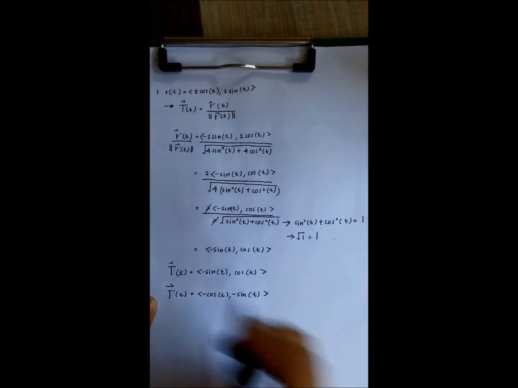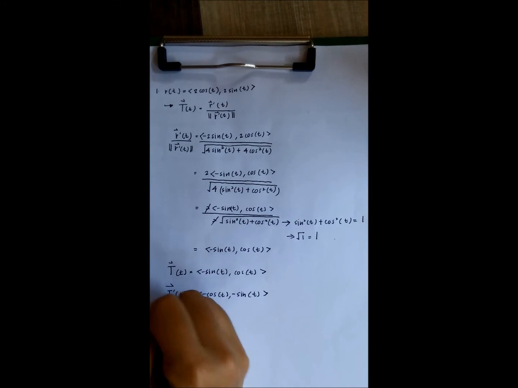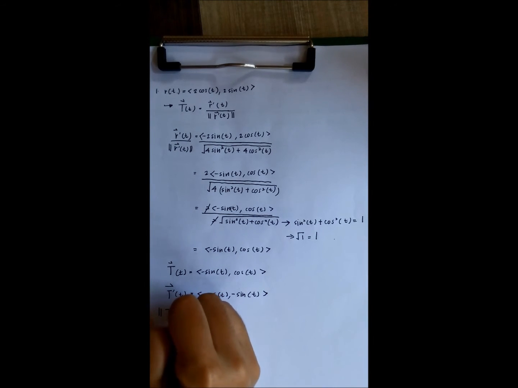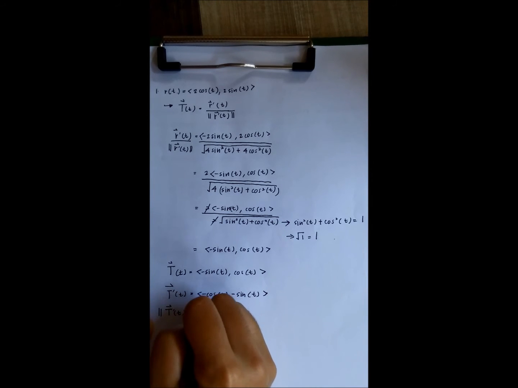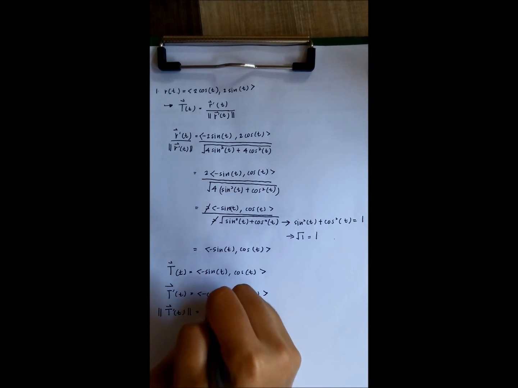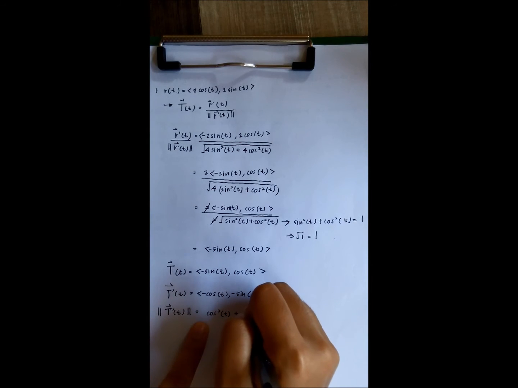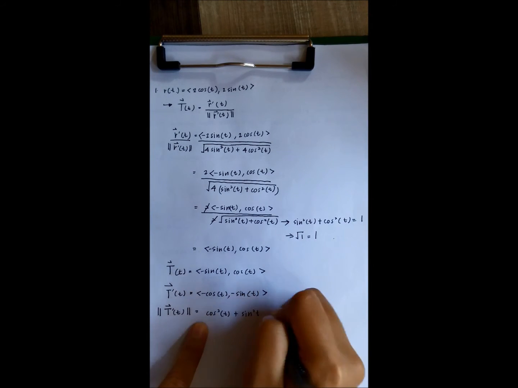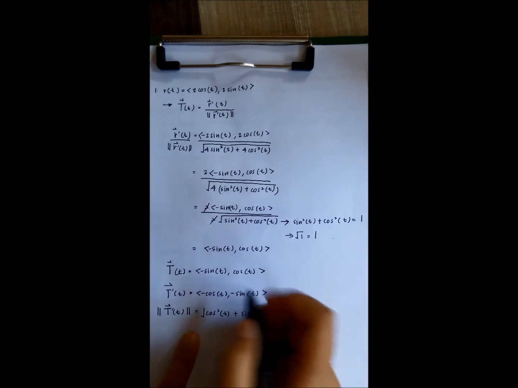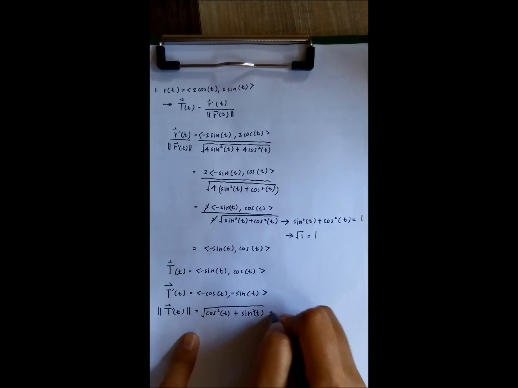Okay. Then we find the magnitude of the first derivative, which is cos t plus sine t, and square root, we get 1.